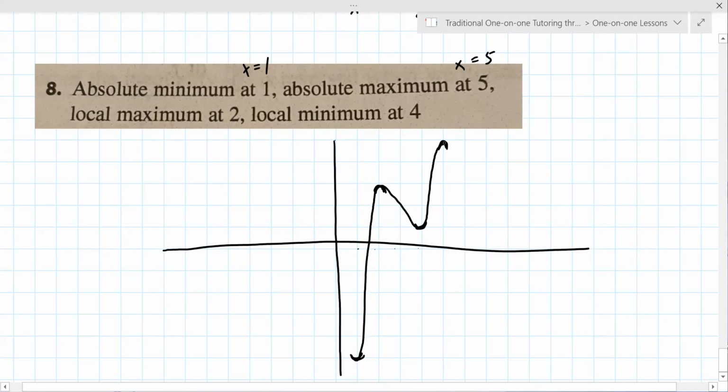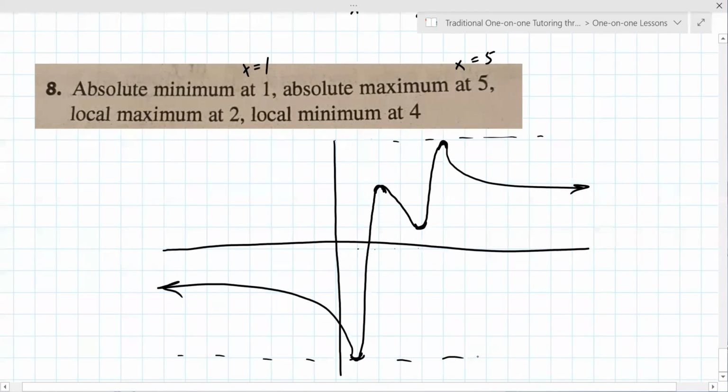Well, because this is your max, this has to come back to the right, and maybe this one has to come back to the left, something like that. That's one possibility. There's actually a ton of options here.